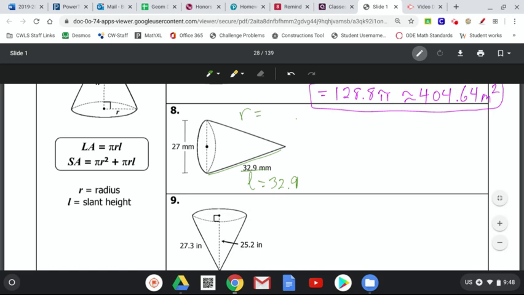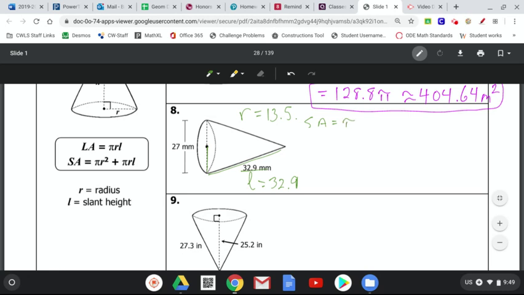Our radius is going to be just from the center to the outside. So we have to find what the radius is. It's half of 27. If you do 27 divided by 2, you're going to get 13.5. Okay? So to find the surface area is going to be pi r squared plus pi r l.